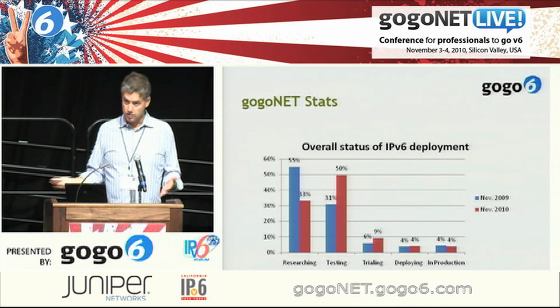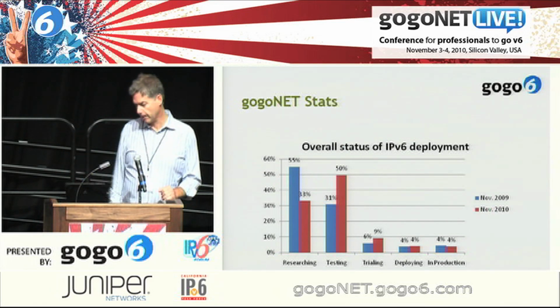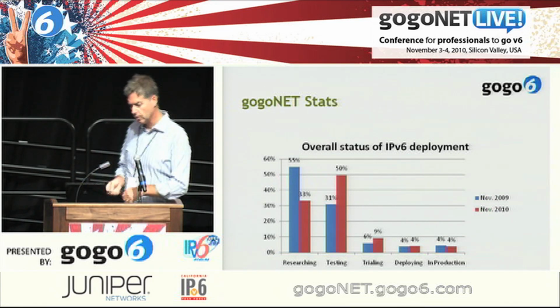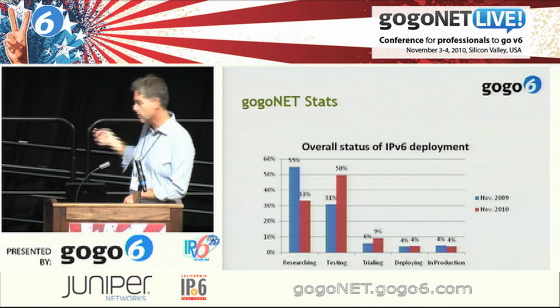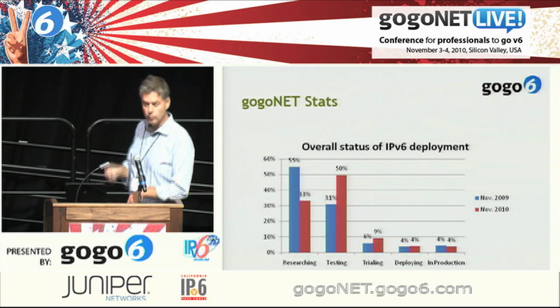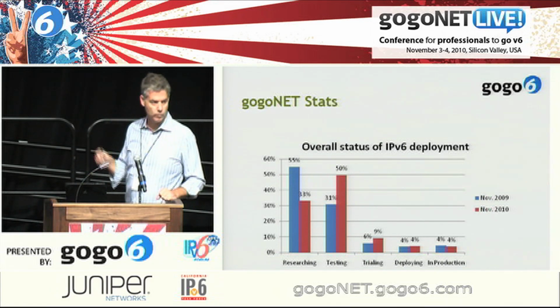Then trialing. This is for business now. You can see the numbers go way down. I actually have something trialing. Then I'm deploying, I'm in the process, and then I'm in production. So I think these numbers make a lot of sense. But what's really interesting is the change in 1 year, and we had, remember, let's say 5,000 users 1 year ago.